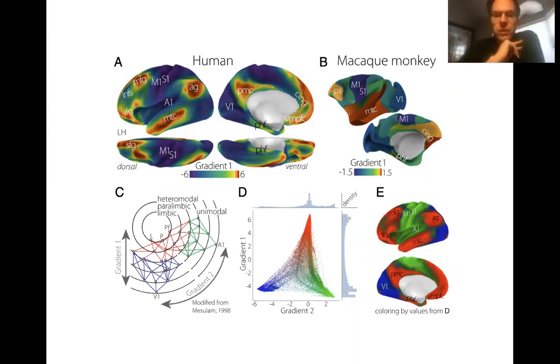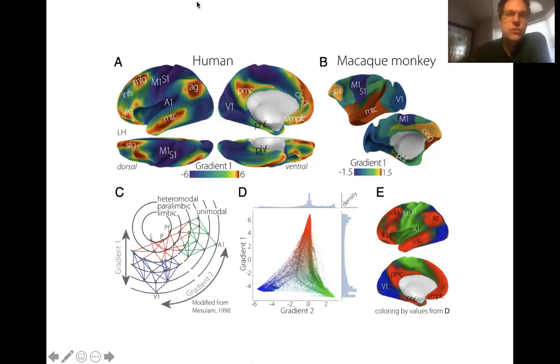Whereas before, we would apply techniques like independent components analysis, which would grab these networks of the brain, but what we knew is that these networks were separate from one another, but we didn't know necessarily how they are ordered in terms of their hierarchy.